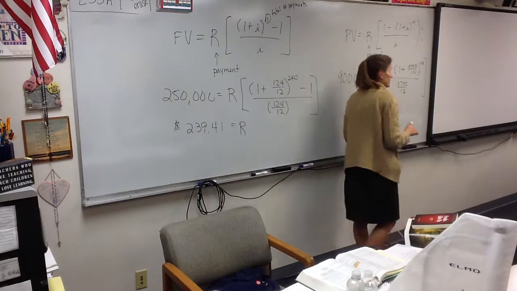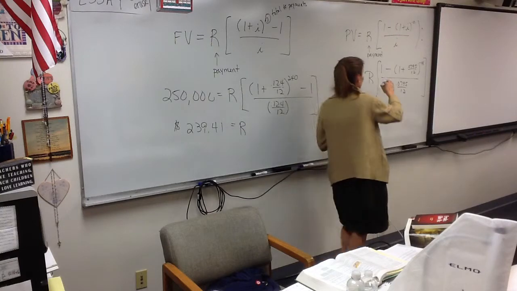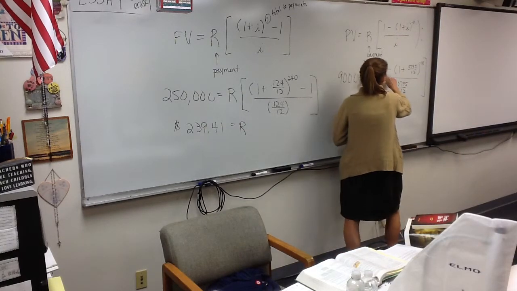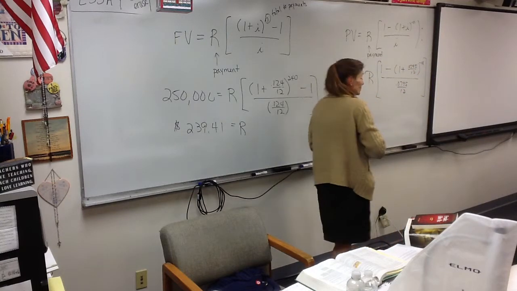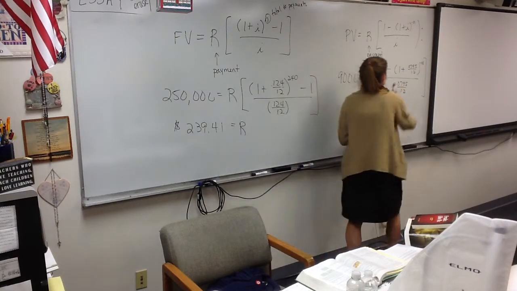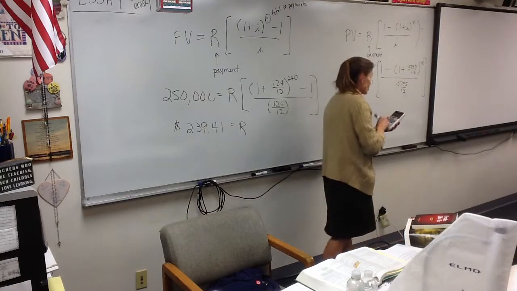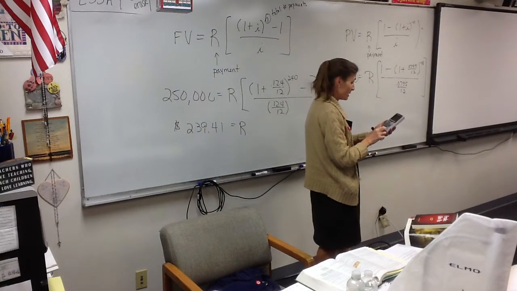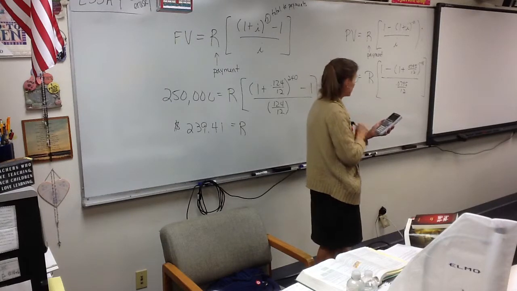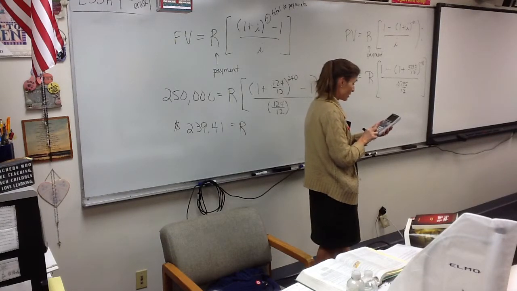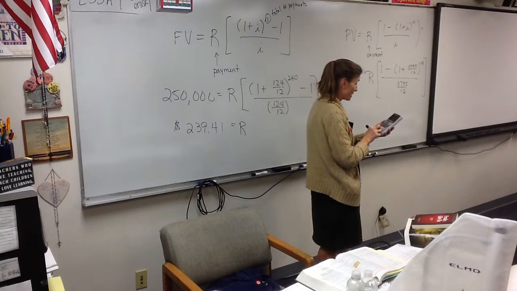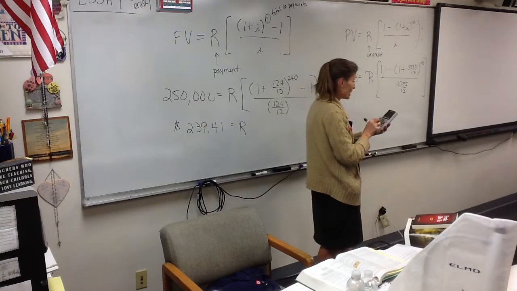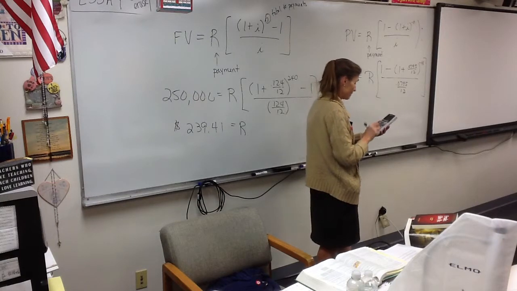All right, let's see if we can type this in. If you want to type in the whole numerator, you can do this. You don't have to do this in steps. You can type in the whole numerator as long as you are sure to put these parentheses in. So you would type 1 minus parentheses, 1 plus 0.0795 divided by 12, close the parentheses, and raise to the negative 48.